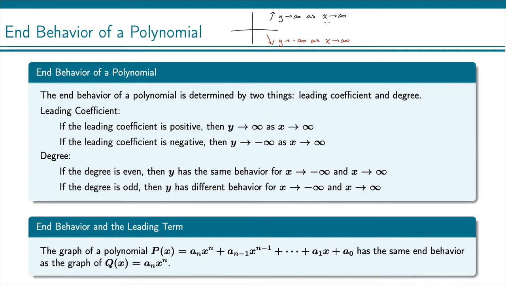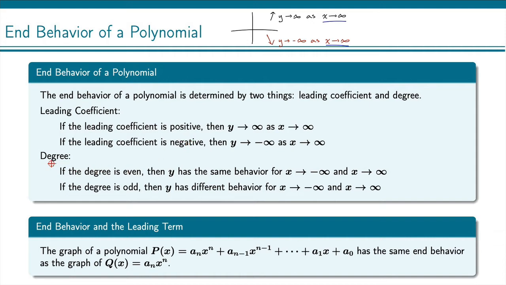You'll notice that x approaches infinity is the same for both of these. That's just saying essentially the right side of the graph. Then this tells us if we're going up or down, and that all depends on the sign of the leading coefficient. Positive means it's going up on the right, and negative means it's going down on the right.